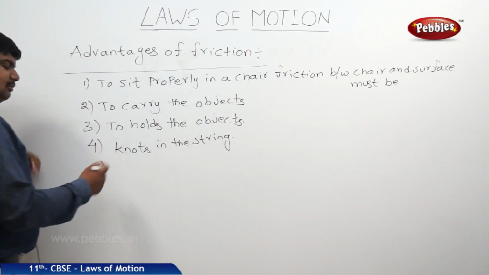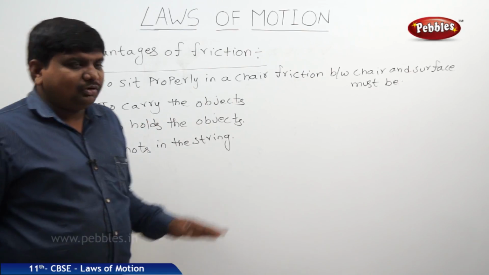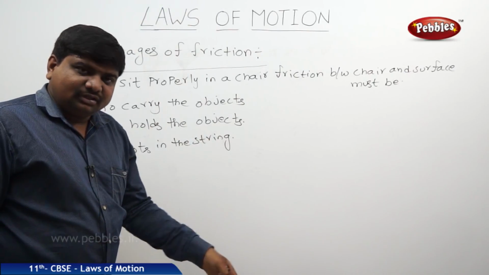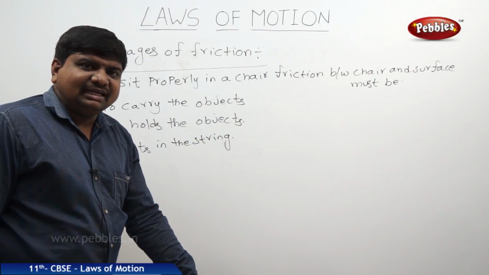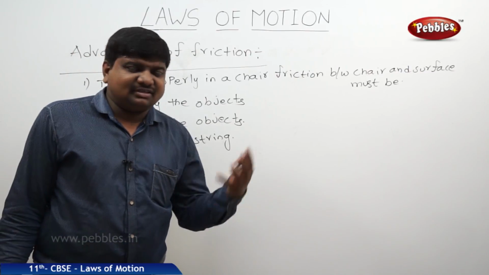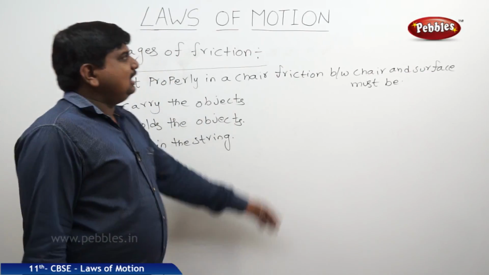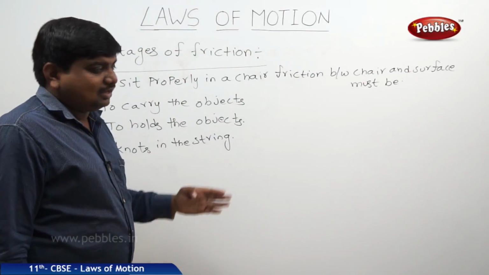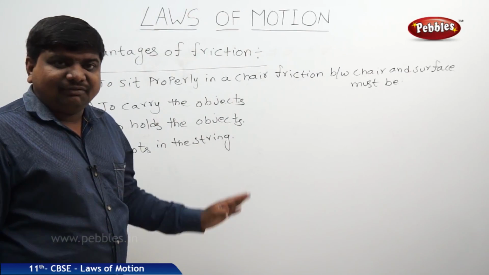So fifth one, suppose you want to support a ladder on the wall. The bottom part of the ladder is in contact with the surface, and the frictional force is helping to support. At the same time, the frictional force on the wall at the top part of the ladder is supporting to fix the ladder in a perfect way.